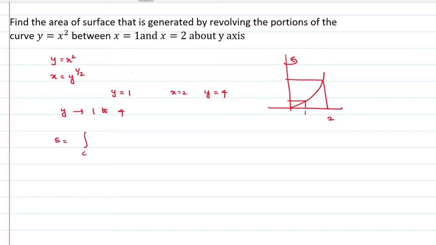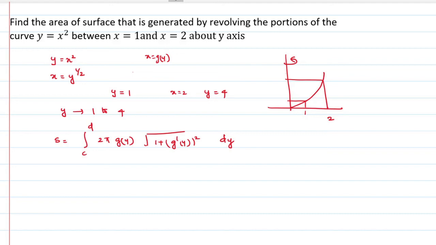And coming to the formula: integral c to d, 2 pi g of y, where g of y is in the form x is equal to g of y, revolving about the y-axis, root of 1 plus g dash y square dy. Is it right? So we can substitute.